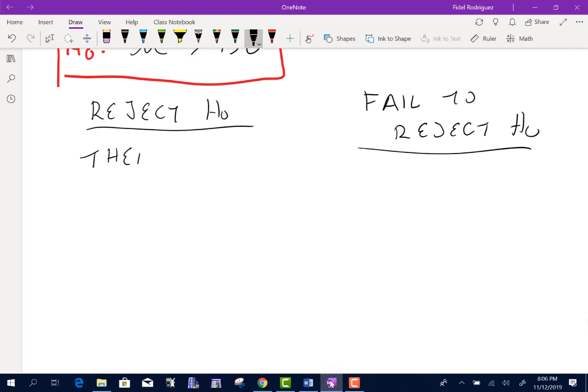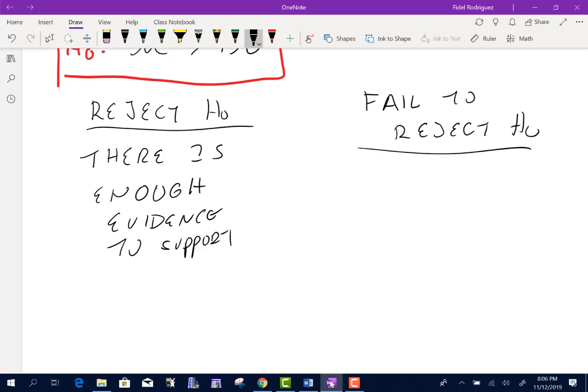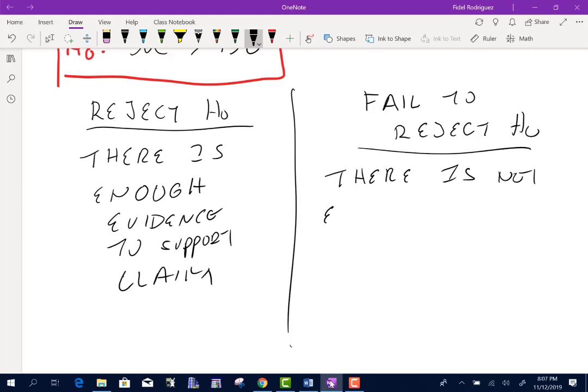Okay. So then what would I put on this other side over here, guys? There is not enough evidence to what? Support the claim?